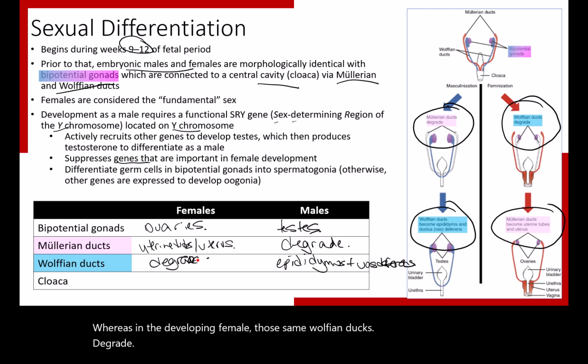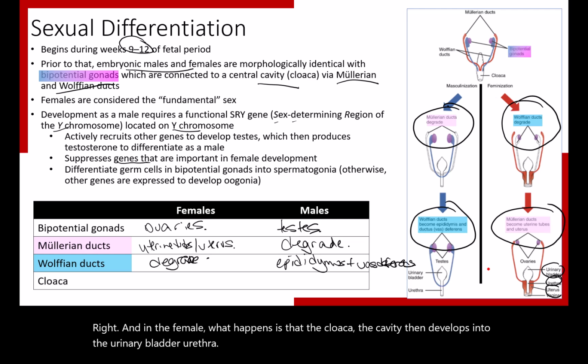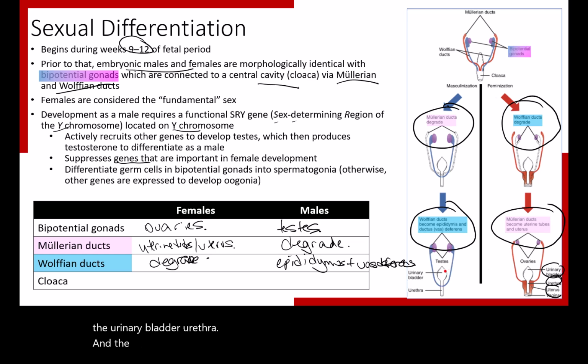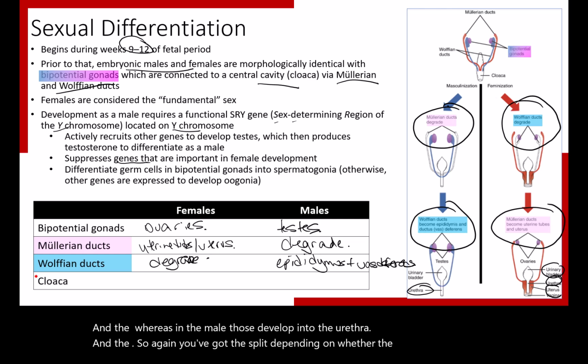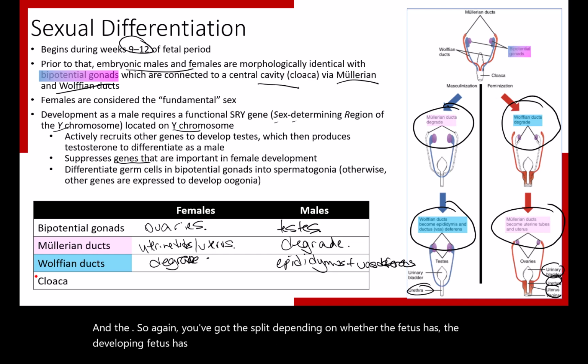And in the female, the cloaca, the cavity, develops into the urinary bladder, urethra, and the rectum, whereas in the male, those develop into the urethra and the rectum. So again, you've got the split depending on whether the developing fetus has a functional SRY gene or not.